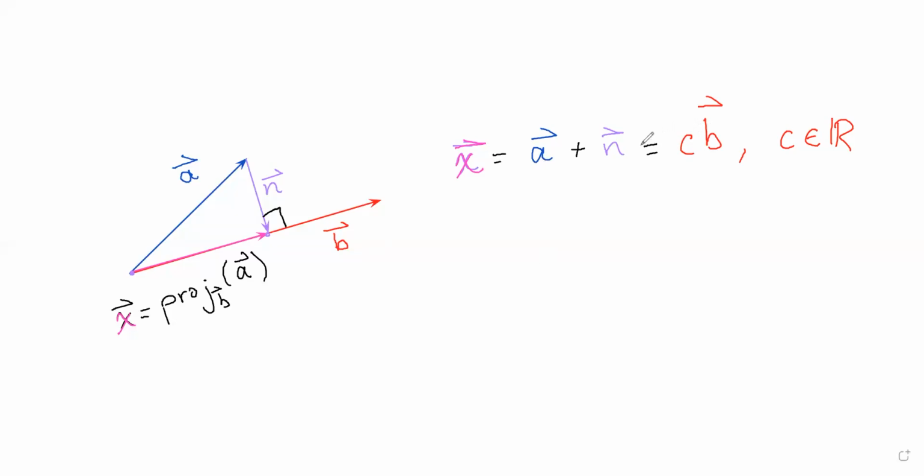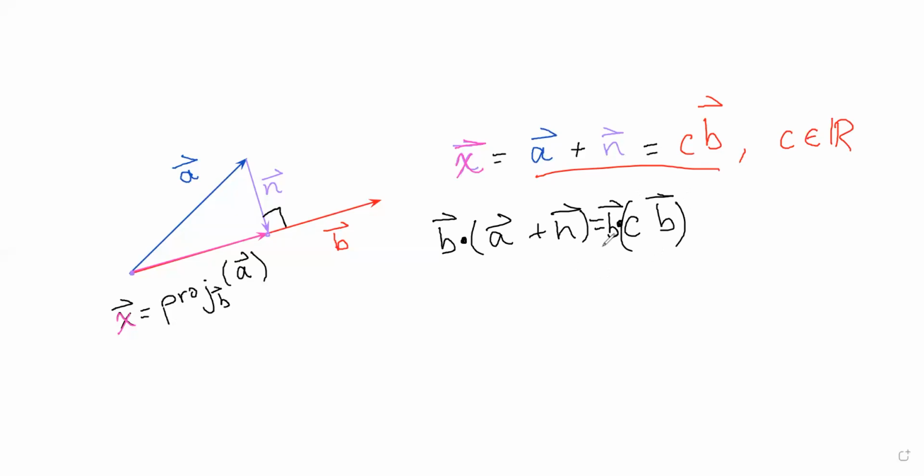Okay, so what if we take this equation over here? I have A plus n. This is equal to CB. And what if I just dot product both sides, right? I dot product both sides with vector B. So B dot (A plus n), and then B dot CB.